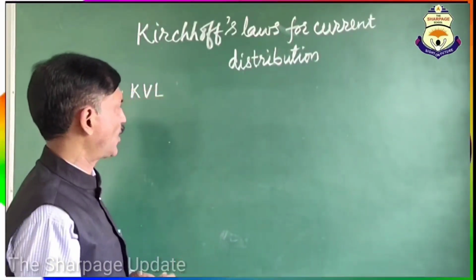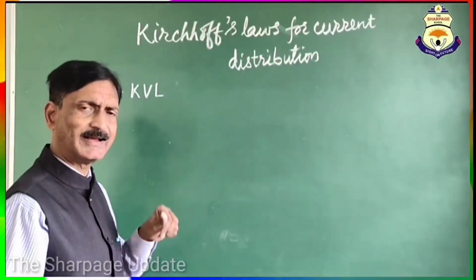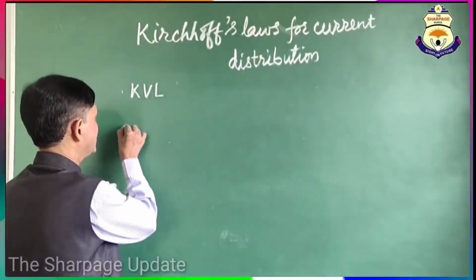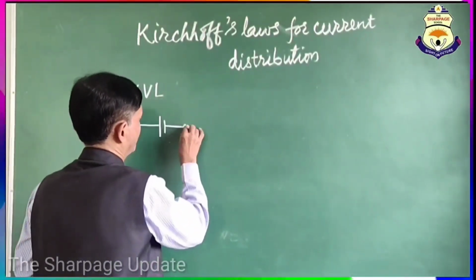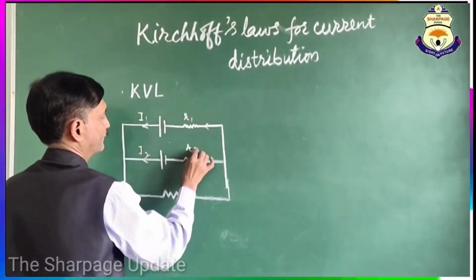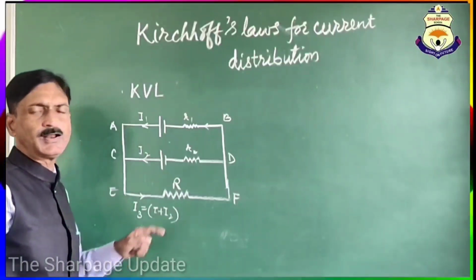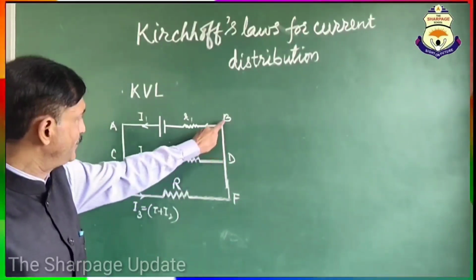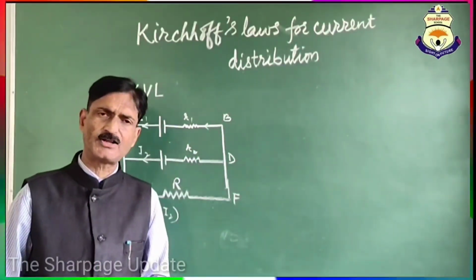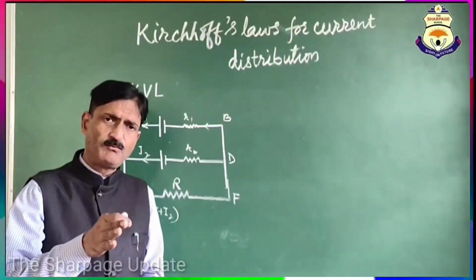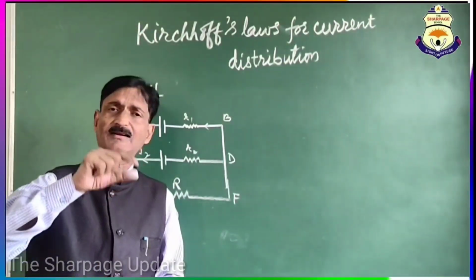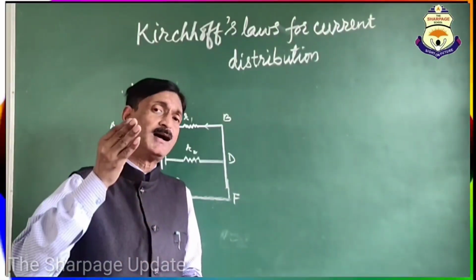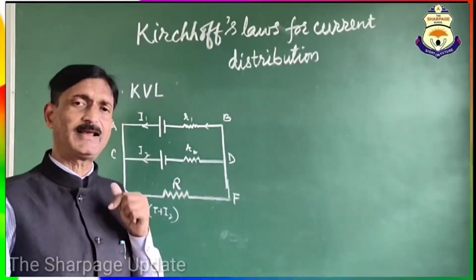Here I am drawing a closed electrical circuit to explain KVL, Kirchhoff's voltage law. Now, in the closed electrical circuit A, C, D, B, A, according to Kirchhoff's voltage law, as I told you before, the algebraic sum of the products of electric current in different conductors and their corresponding resistance, and the different electromotive forces, is always equal to 0.